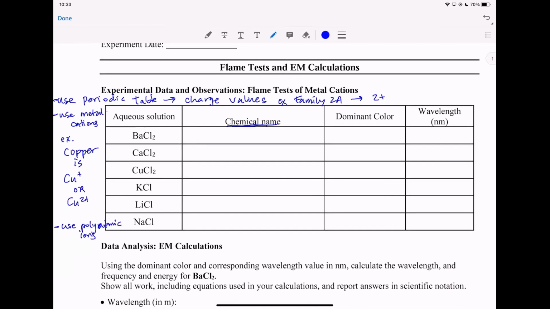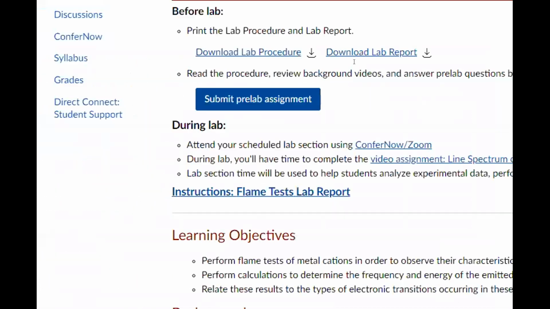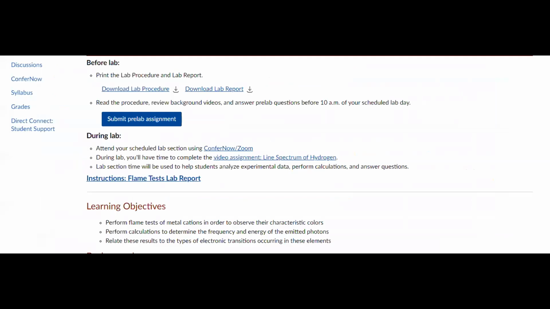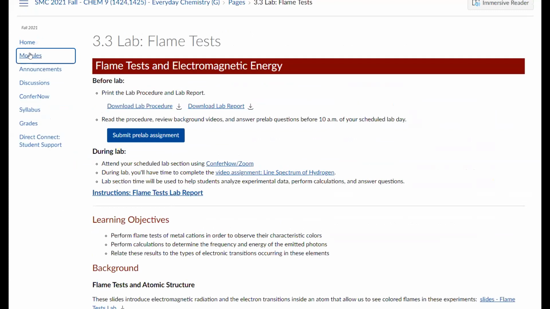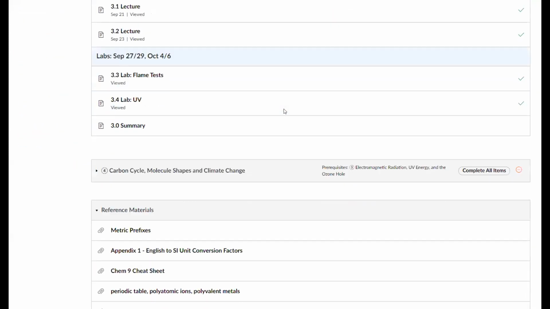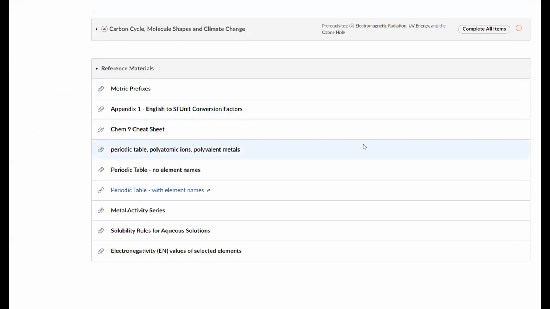There's one page in the, here, I'll show you this, in the Chem9 homepage. I'm going back to the Chem9 homepage for a second. You've got the modules, and in the modules, at the very bottom of the modules, in the reference materials, I put all of this together on one page.